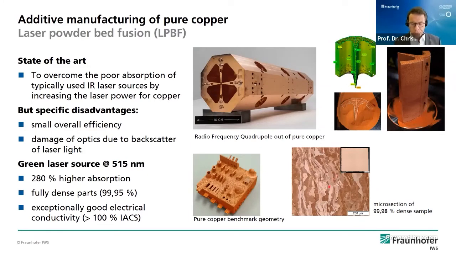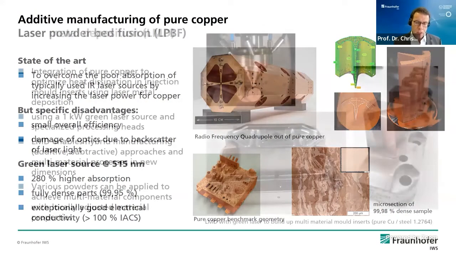And as you can see from the micrographs here, we achieve a fully dense part with almost 100% density, only 0.05% porosity, which is an extremely good result. And looking at the properties, electrical properties, for example, or thermal conductivity, we are even beyond the standard, at least for electrical conductivity, we are beyond the international copper standard data.